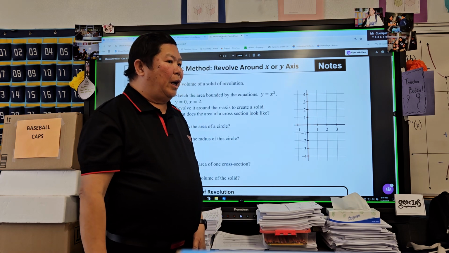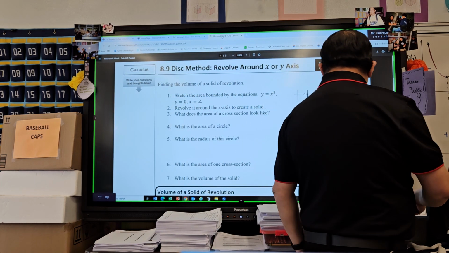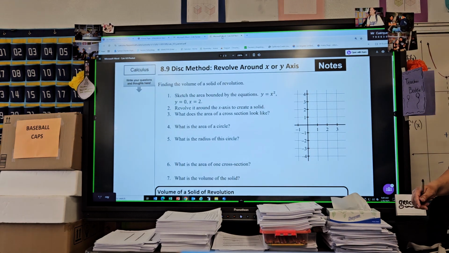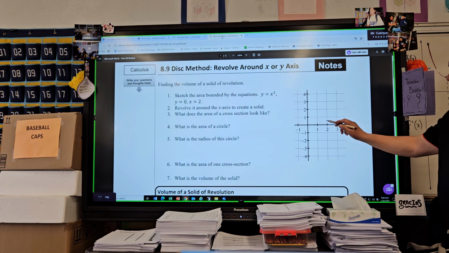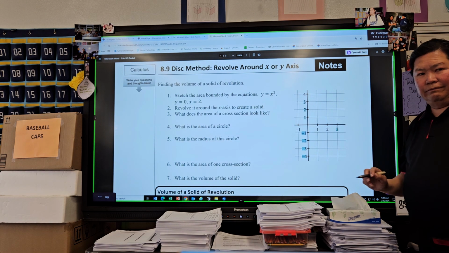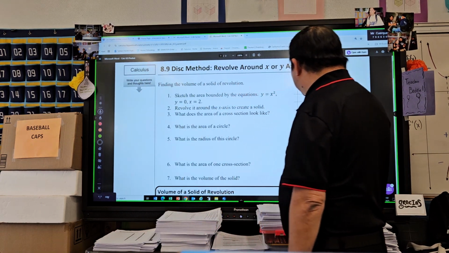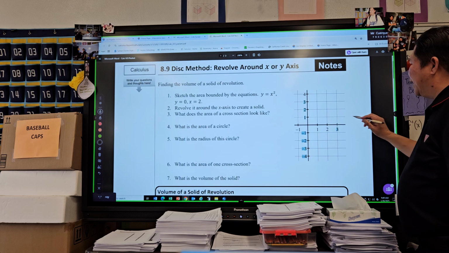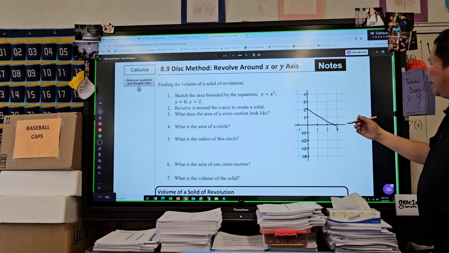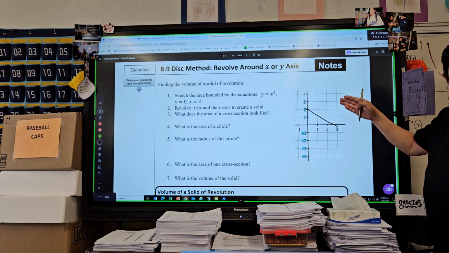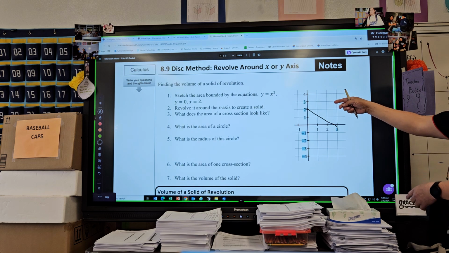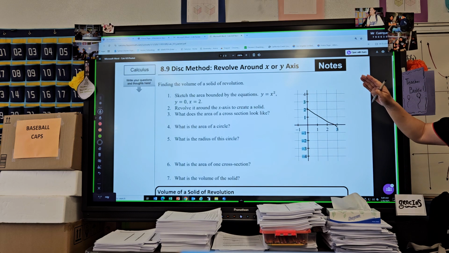Now, I just need you to have a line first. Suppose you have a line this way. Granting that you have a line, and then you're gonna revolve this along the x-axis. So what is created right here?